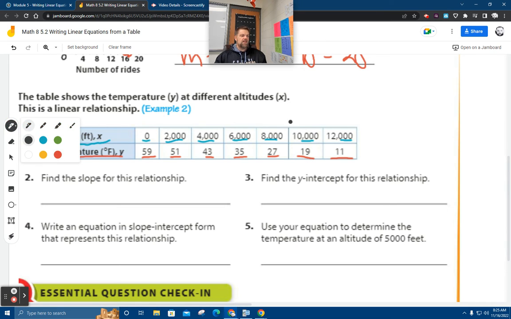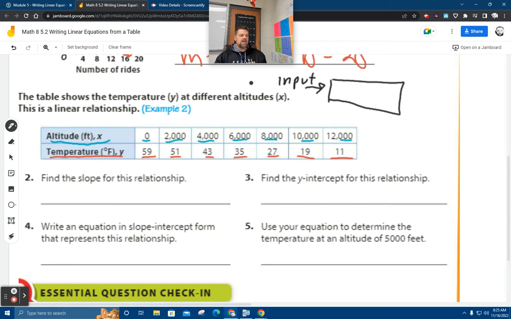So I want you to sketch all this stuff in your book. Remember that a function has an input. What variable is the input? Yeah, it's the X value. And then it does a bunch of math and it spits out an output, which is the Y value.